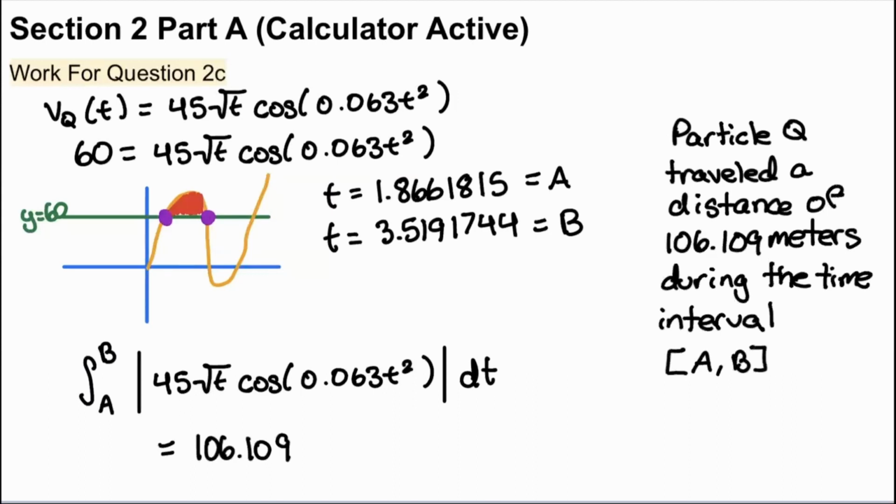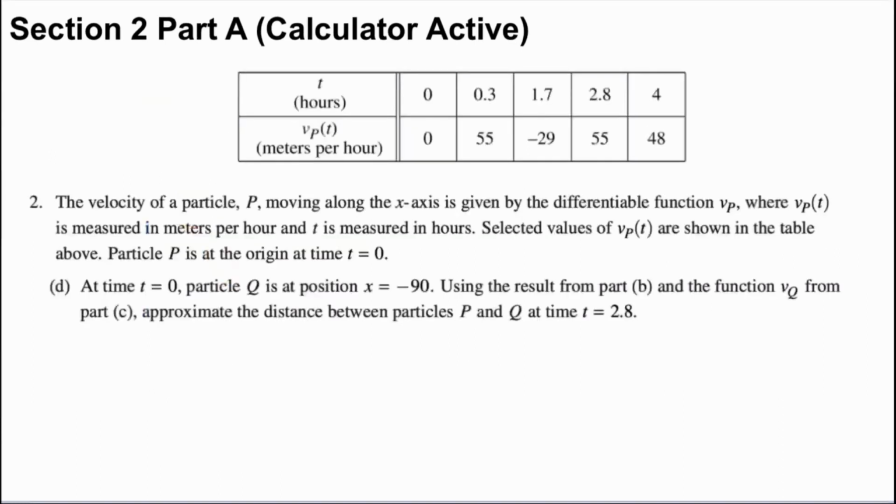A, B. We've explicitly defined what A and B are equal to, so we can say that in our final answer. Cool. Now for the final part of question 2.